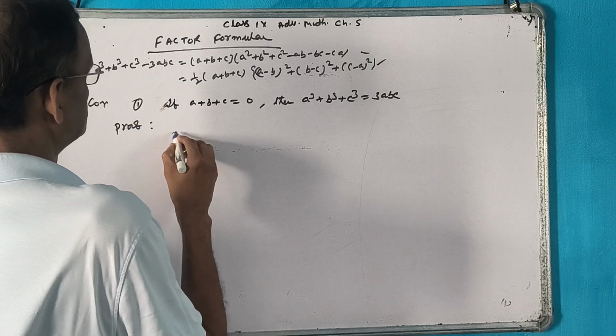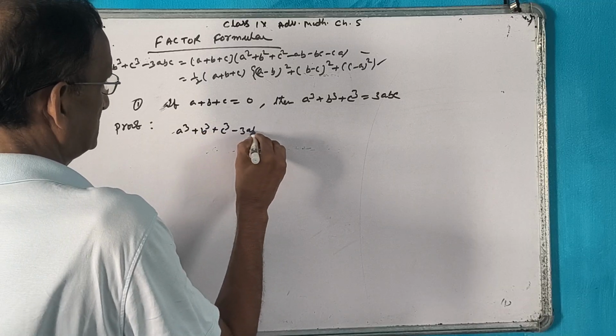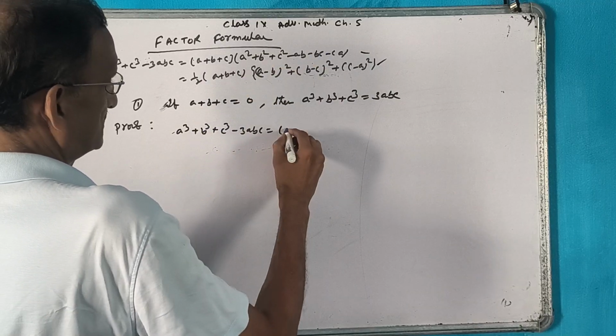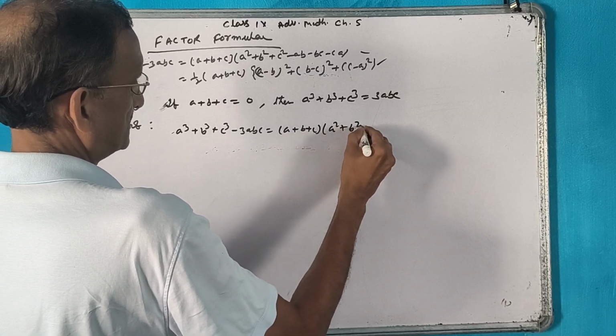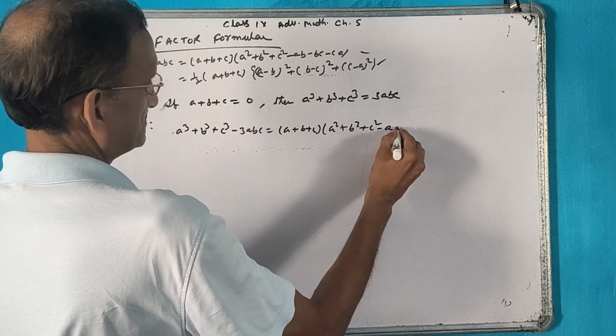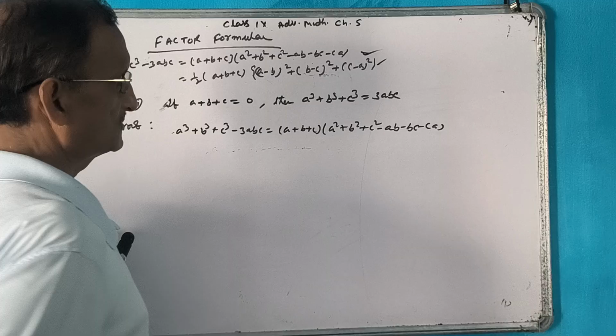Since a cube plus b cube plus c cube minus 3abc equals a plus b plus c into a square plus b square plus c square minus ab minus bc minus ca, take this formula.